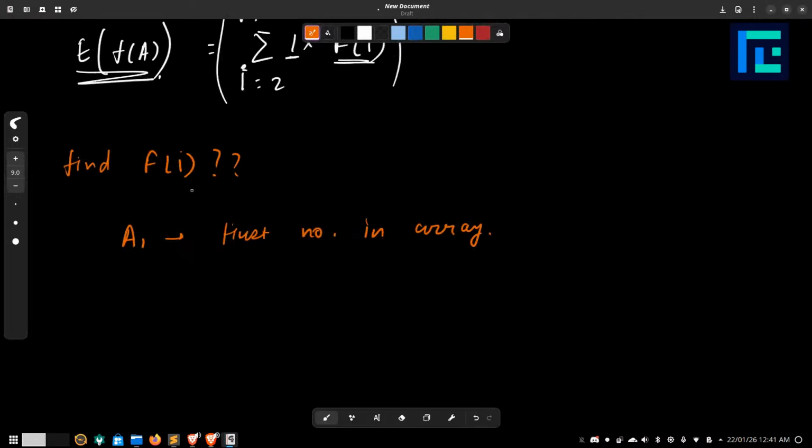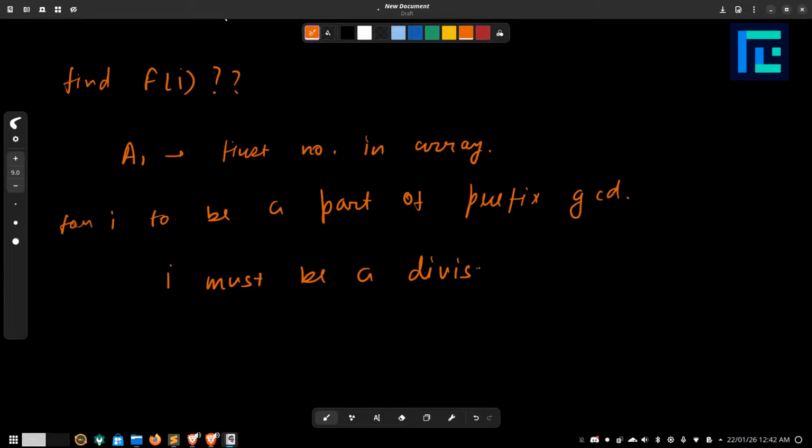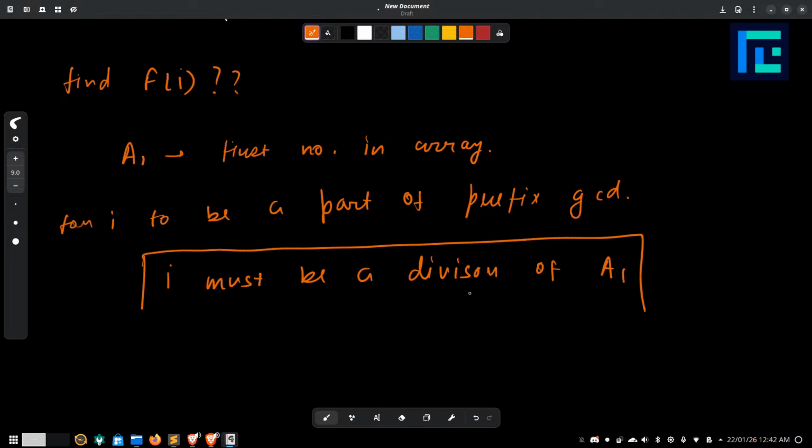So for I to be a part of the prefix GCD, I must be a divisor of a1. Because a1 is a part of every prefix GCD, right? Because it is the first element. So I must be a divisor of a1. Only then does I have a chance to be a part of the prefix GCD.